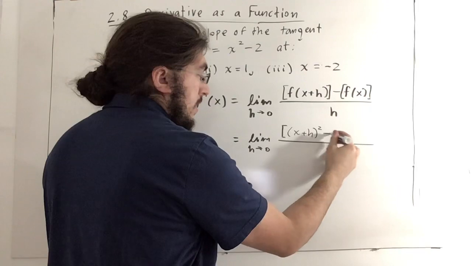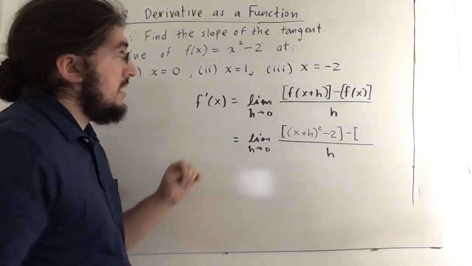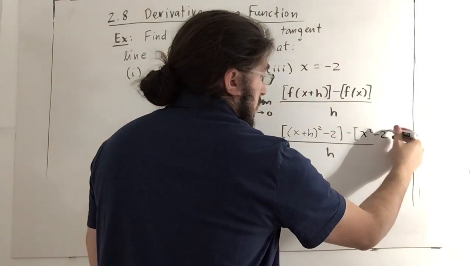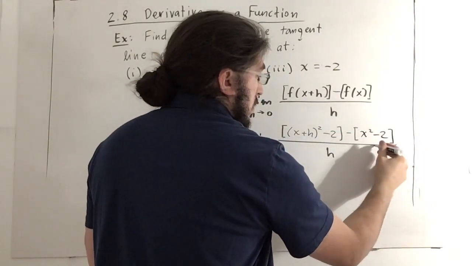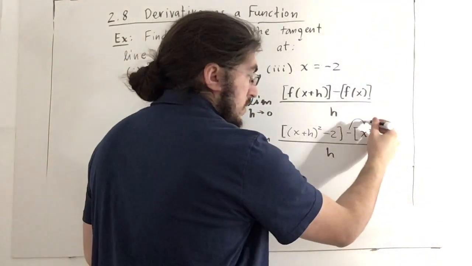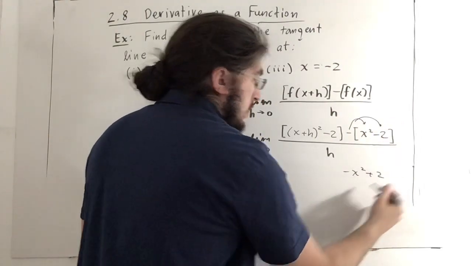You see that? Minus 2. Minus f of x is just the original x squared minus 2. Okay, the negative distributes. So we get negative x squared plus 2.